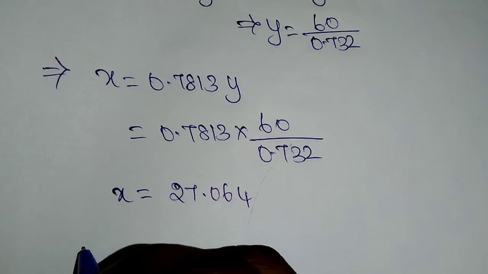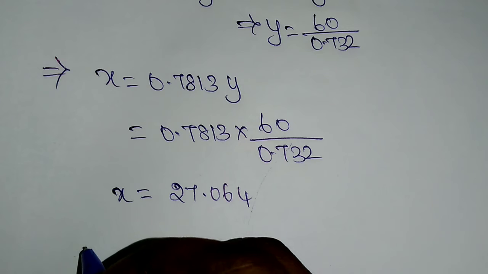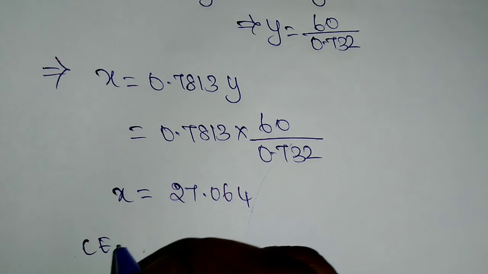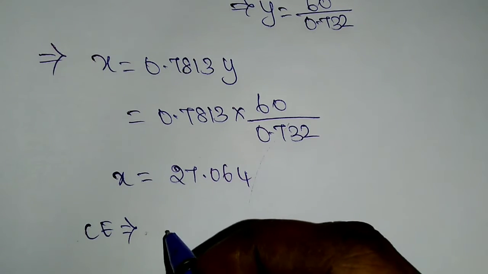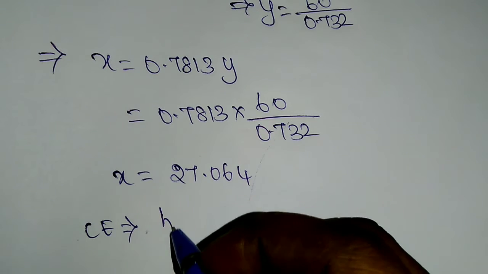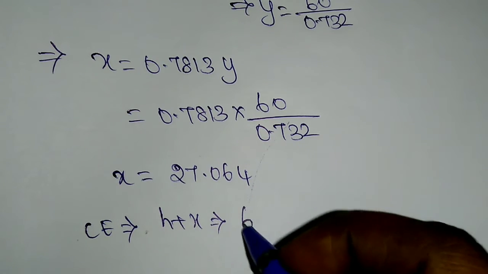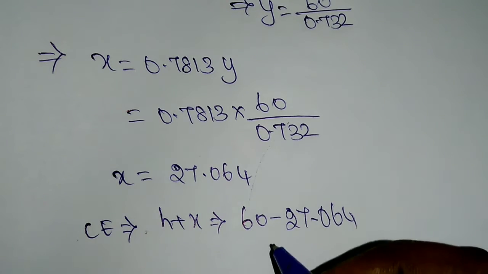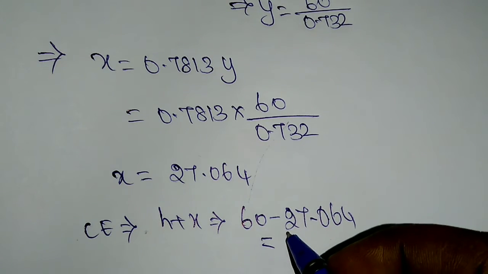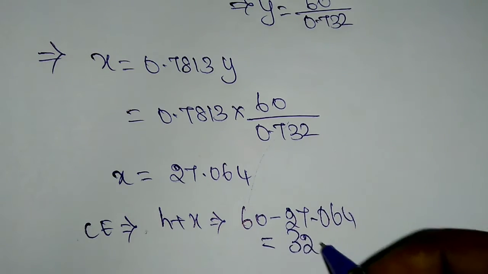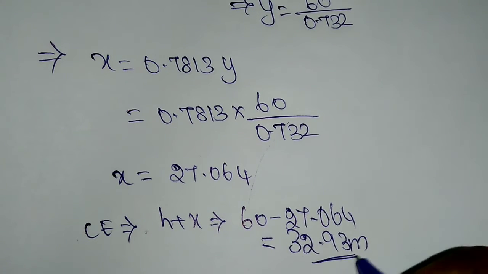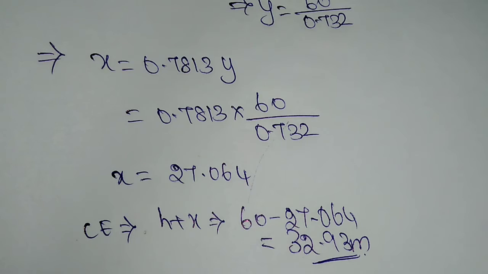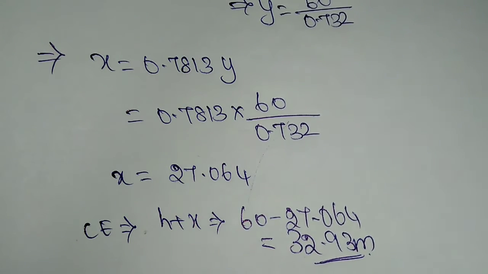We have to find the height of the lamp post. So here we get h is equal to 60 minus 27.064, which gives 32.93 meters. So the height of the lamp post is 32.93 meters.